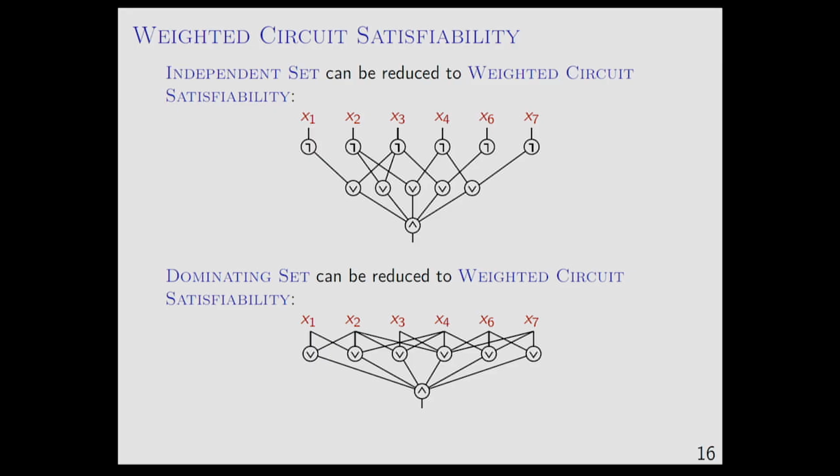That is what is done in this circuit. If you have a dominating set of size k, you just set those k variables to 1. Then automatically for every neighborhood the intersection is non-empty, so the corresponding OR will be set to 1, and then you have this big AND. So I have reduced both independent set and dominating set to an instance of circuit SAT.